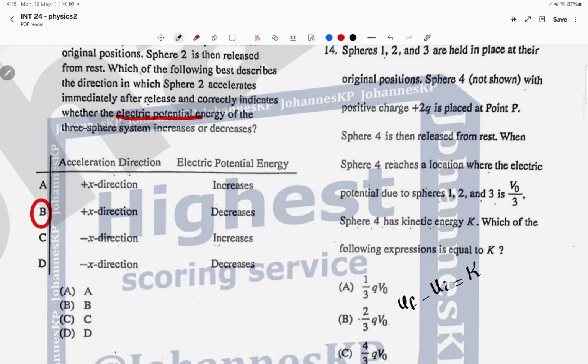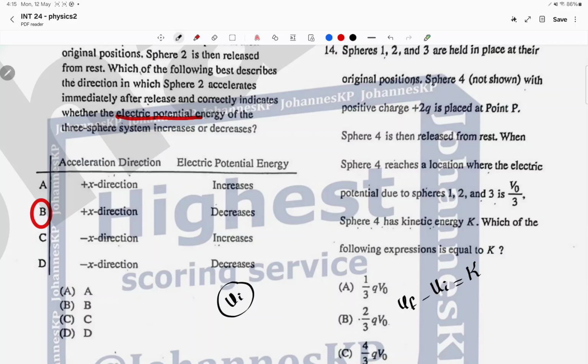Sphere 4 is a positive charge placed at point P. Why don't we find the UI, the U initial?